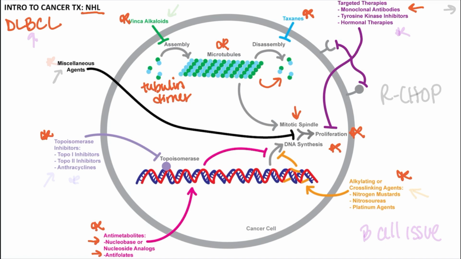And then there are a number of miscellaneous agents that can be used as part of treatment regimens as well. And remember, it is very common for agents from different classes to be combined together to target the cancer cells via a number of different mechanisms. This will ideally mitigate therapeutic resistance, but the agents are also chosen to help limit the overlap of their highly toxic adverse drug reactions. And this toxicity we will come back to on the next slide.